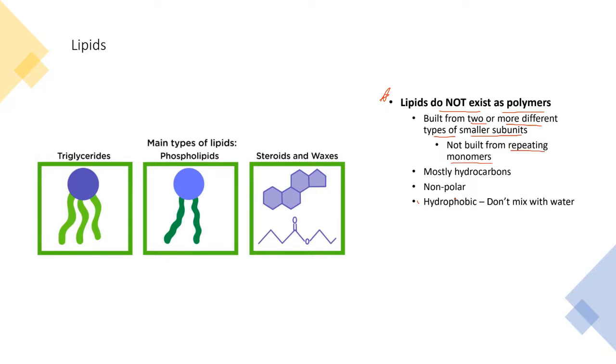If you remember about polysaccharides, how do we make a chain of sugars? We take one monomer, add another monomer, and add another monomer, until you get a huge chain of monomers called a polysaccharide, right? You will see this in proteins and nucleic acids.